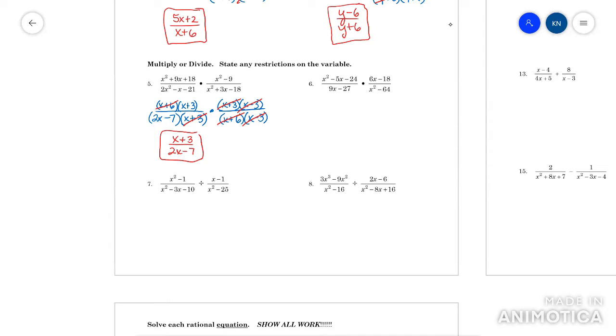Okay, same thing for the next one. Since it's a multiply, you just go and factor everything. So the top is a trinomial. The bottom is a GCF here. This is a GCF of 9. Take it out and you divide when you take it out. This is a GCF as well. And the bottom is a difference of squares.